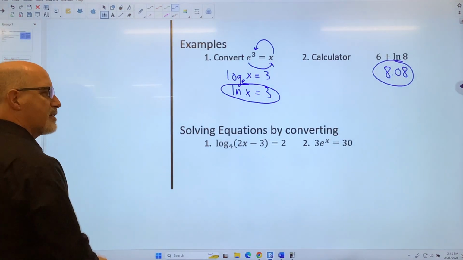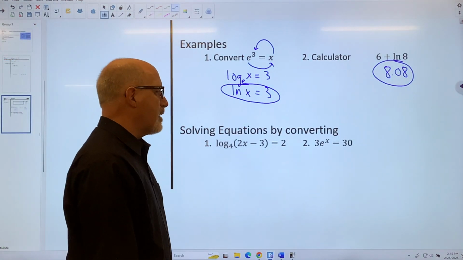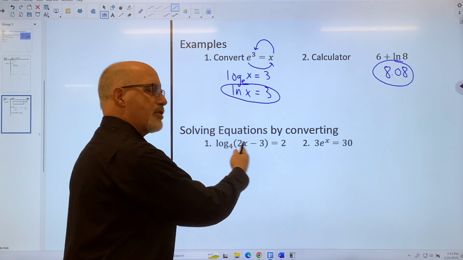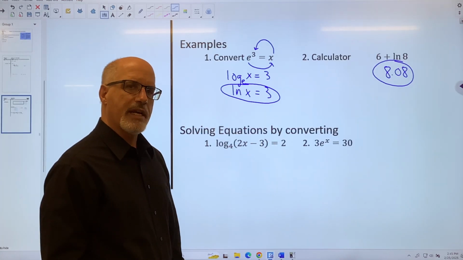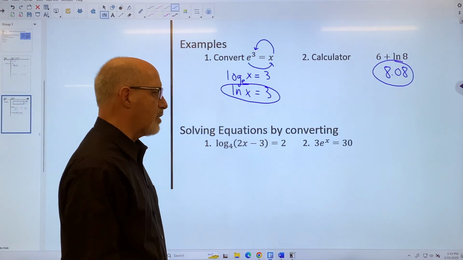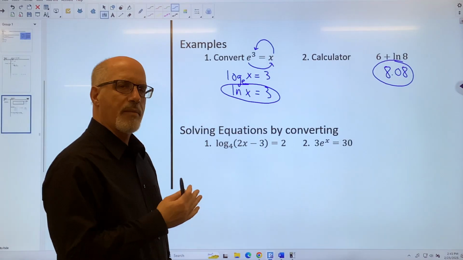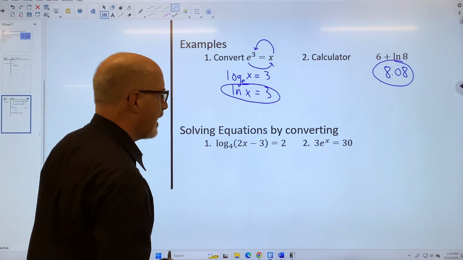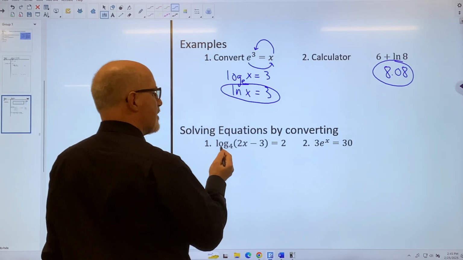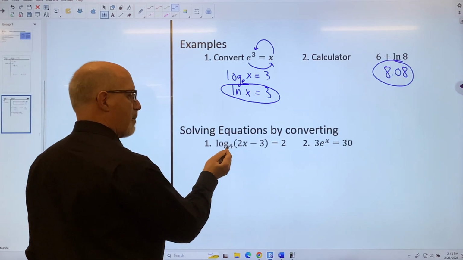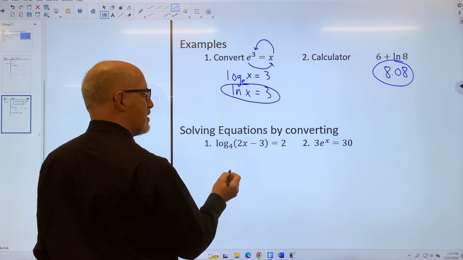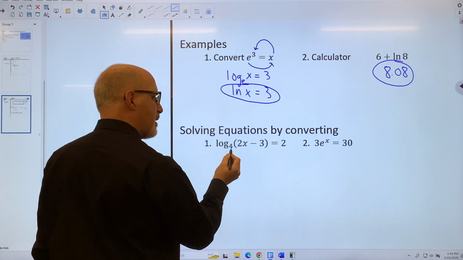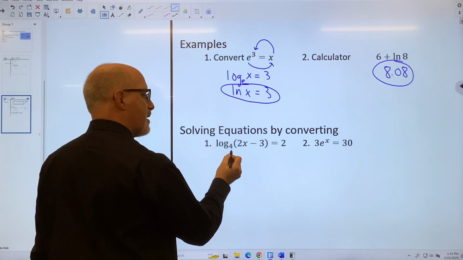Let's solve some equations by converting. This problem is just a review of solving by converting to an exponential. We're going to do that just to remind us of that process, and then we can do that with natural log problems as well. So if we have any base here, log base 4 in this case equal to 2, this means we're going to set up the exponential, so the answer to a log is the exponent.